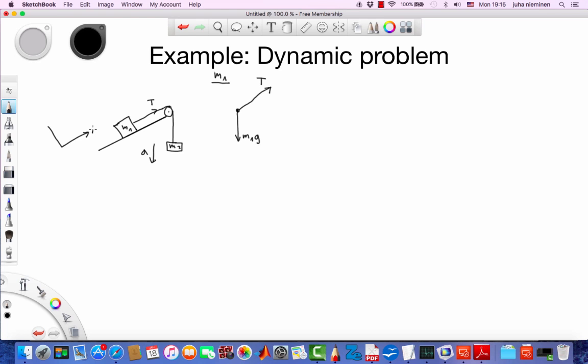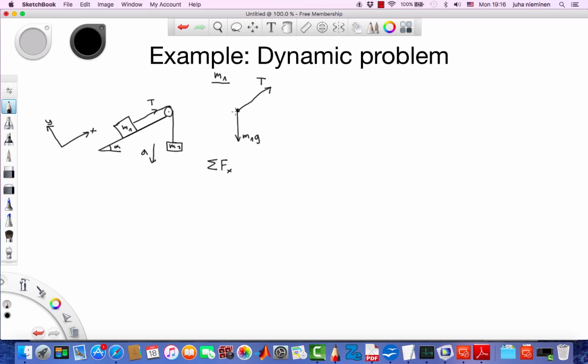So let's say our x goes this way, and y like this. When we are talking about forces in the x direction, in this case we mean along the incline. The incline has angle alpha, like that.